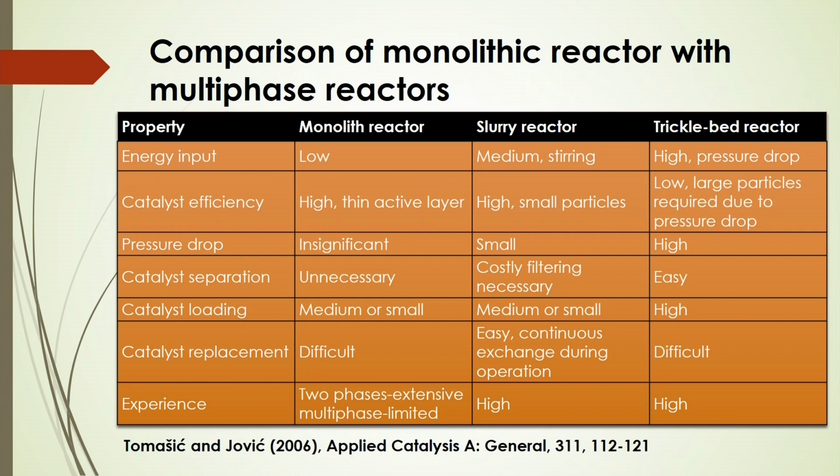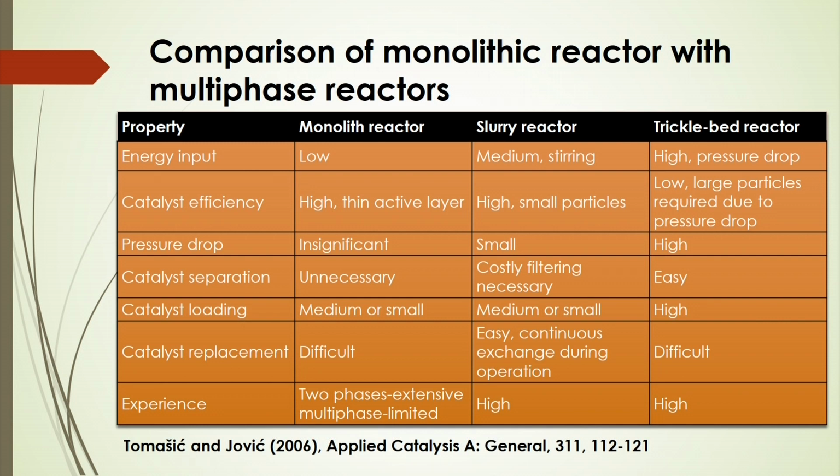And in monolithic reactors, two-phase extensive multiphase reactions are there, whereas other types, such as gas-liquid-solid, even gas-liquid-liquid-solid reactions, are sometimes limited, whereas in the slurry reactors it is high because you can easily handle the slurry mixture, and in the trickle bed it is also very high.